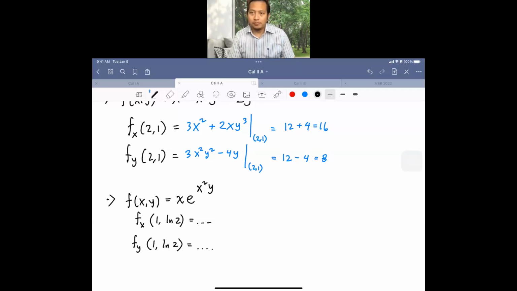Okay, if you're done, you can write the answer for partial x. Anyone calculate? You can write in the chat.